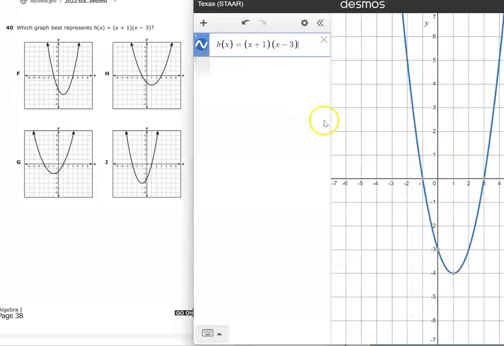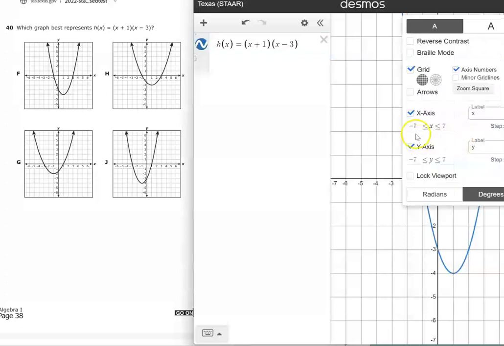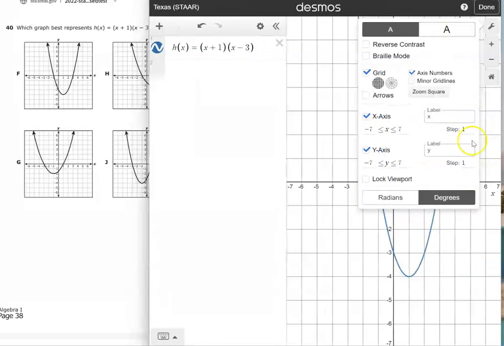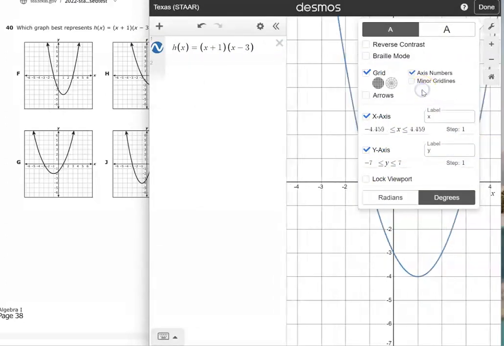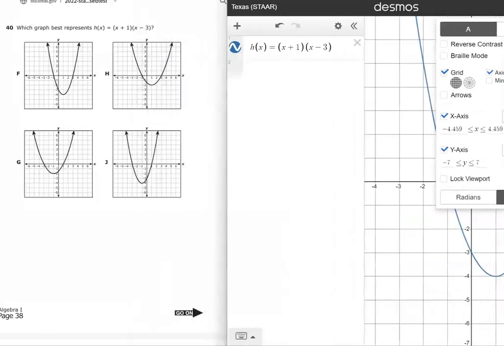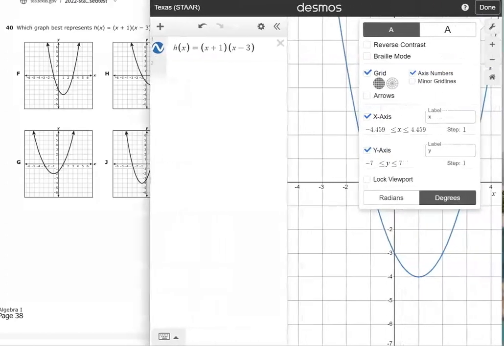And we do see a parabola. Now this graph is not squared. So I did go ahead and adjust these to -7 to 7 for my x's and my y's on my graph. But honestly, I think I do need to square it to get it more similar to the test. So let's look at that again.